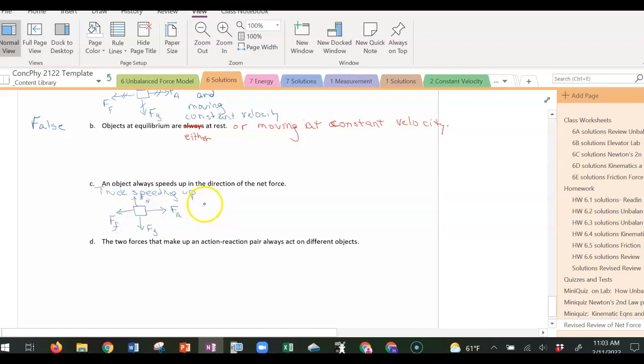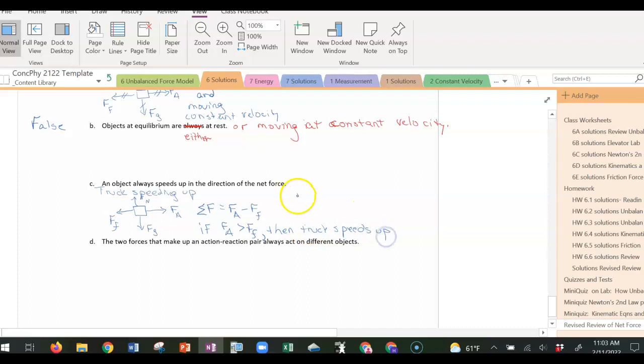The net force would be the applied force minus the friction force. So if the applied force is greater than the friction force, then the truck speeds up.